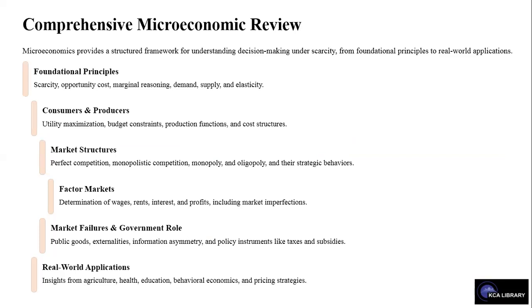We came to the consumer and producer, where we talked about utility maximization, budget constraints or budget lines, production function, and cost structure. We also looked into market structures: perfect competition, monopolistic competition, monopoly, and oligopoly, and their strategic behaviors.